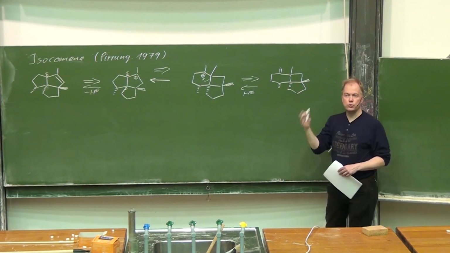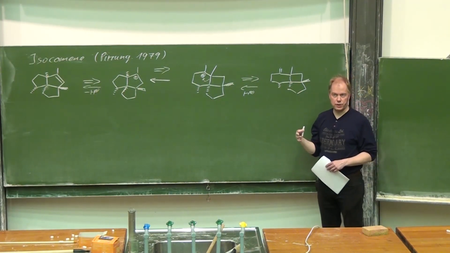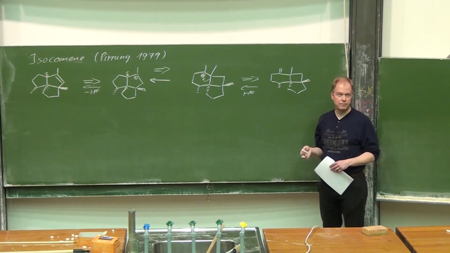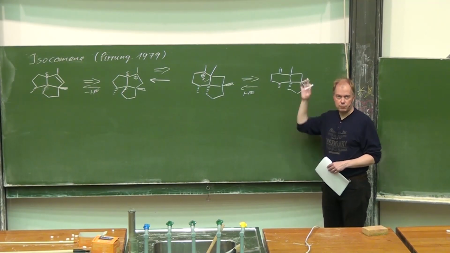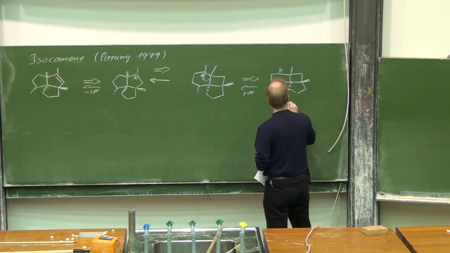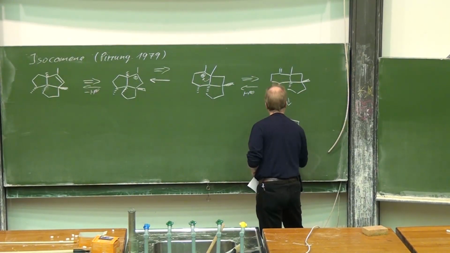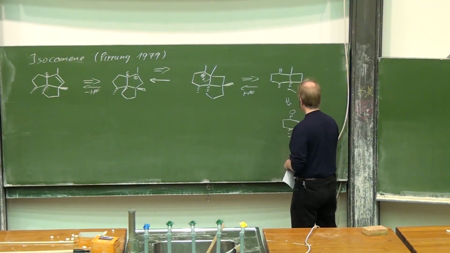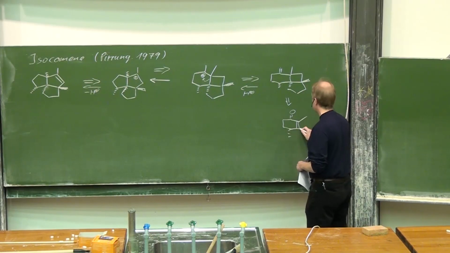By a 2+2 cycloaddition process, of course, making use of photochemistry. Okay. So this is the basic retrosynthesis. So let's draw that. What you need is something like that.